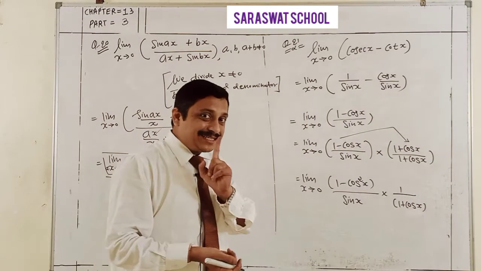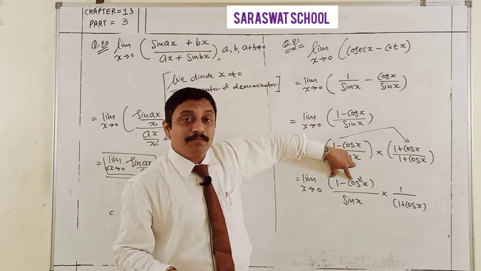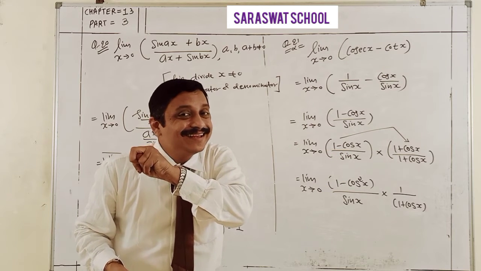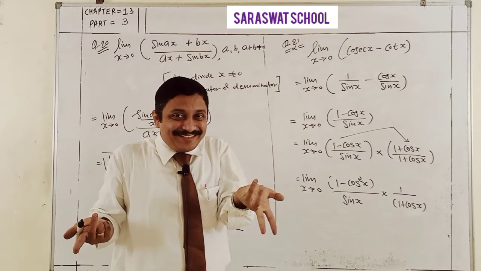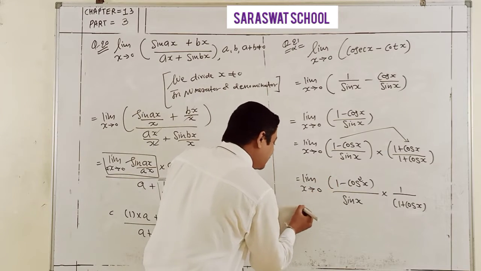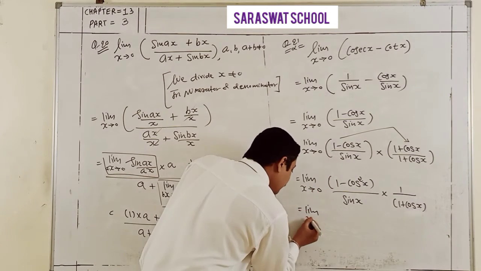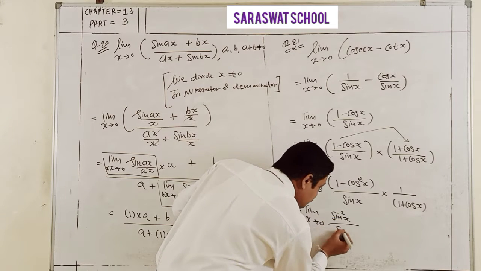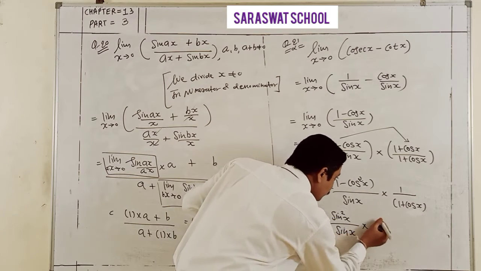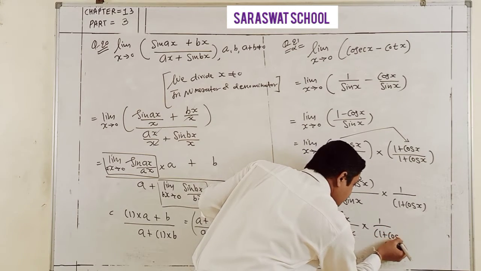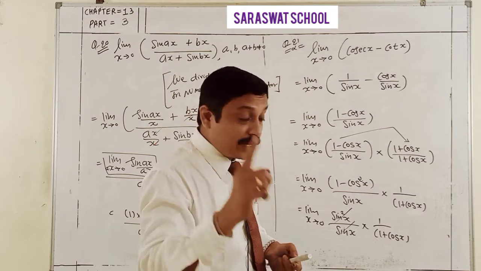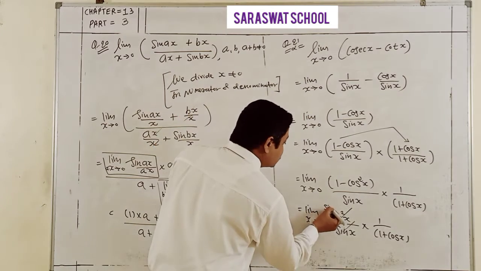Students, why am I taking the conjugate? Because it gives a part of sin square by sin, one sin cancels, and the denominator is now never 0. So your answer is limit x tends to 0, 1 minus cos square x is sin square x by sin x. That is the same. This sin and this sin cancel. Only one sin x is remaining.